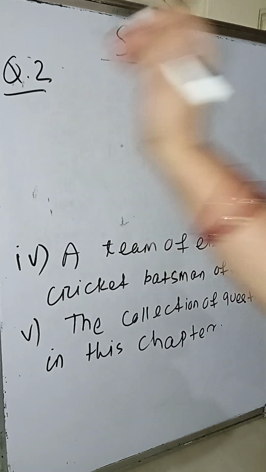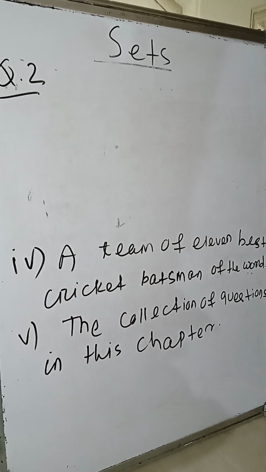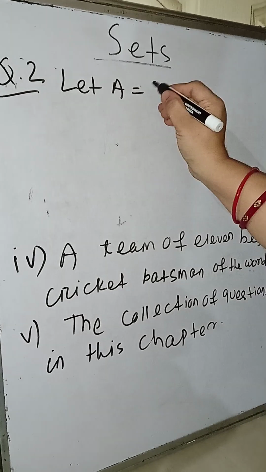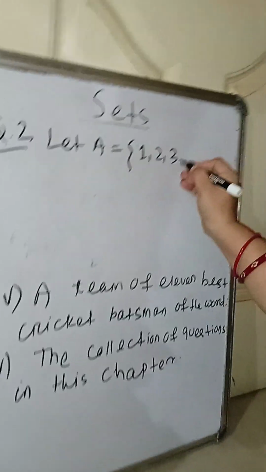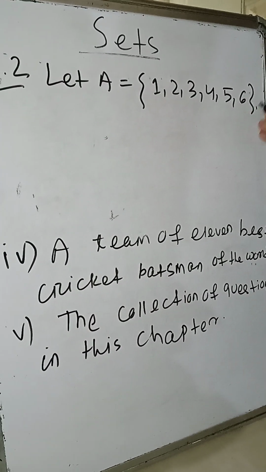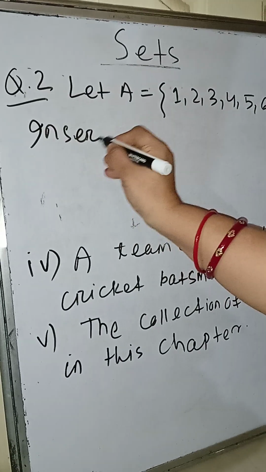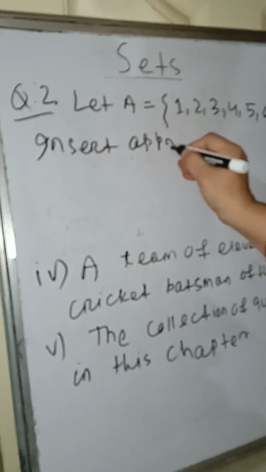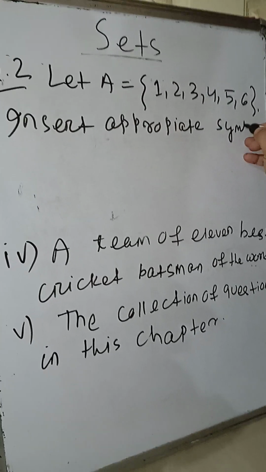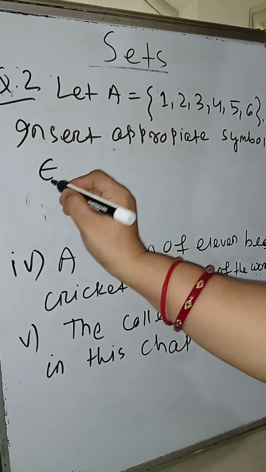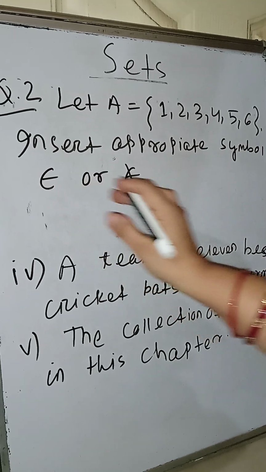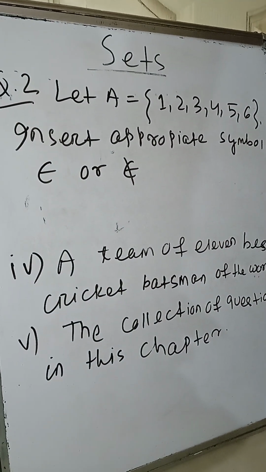Question number 2. Suppose you are given a set A. The elements of set A are 1, 2, 3, 4, 5, 6. You have to insert the appropriate symbol in the blank spaces. Which symbol? Before, you know, this is the epsilon symbol, which means belongs to, and this other one means does not belong to.